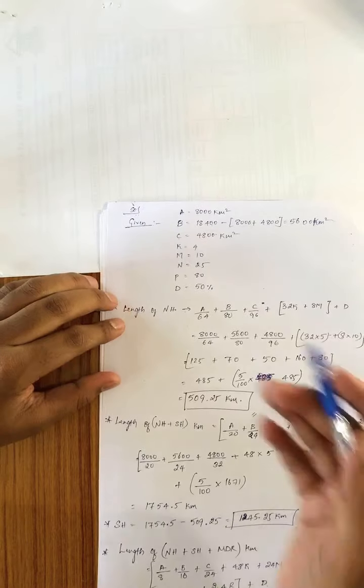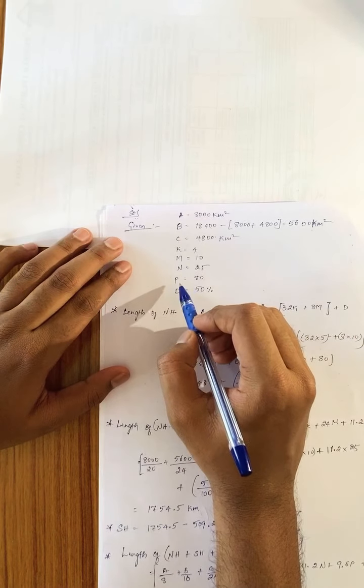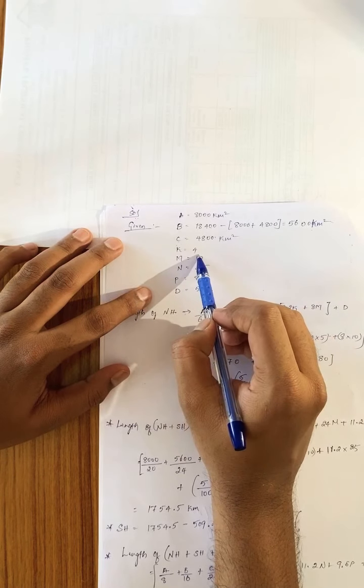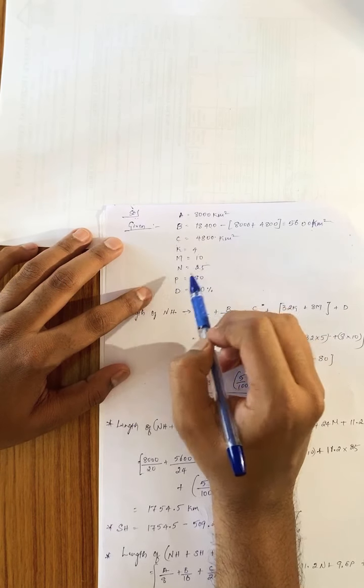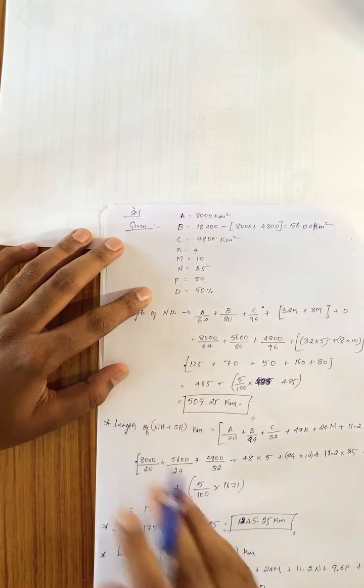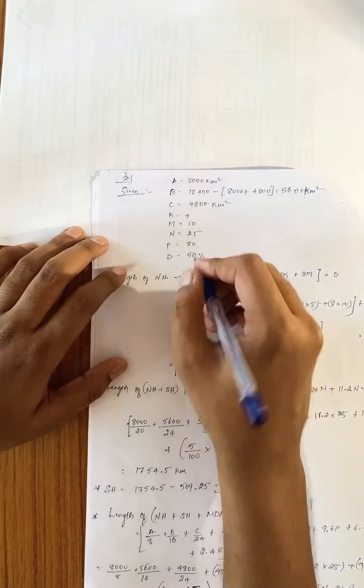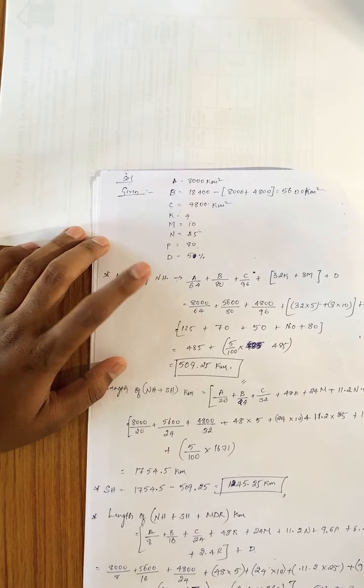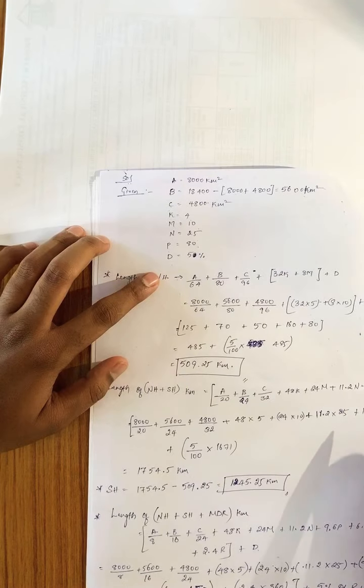Then they have given the population ranges K, M, N, P, D. C is 4,800 square kilometer, K is 4, M is 10, N is 25, P is 80, and D is 5%. They have given the development allowance as 5% in the Bombay Development Plan.